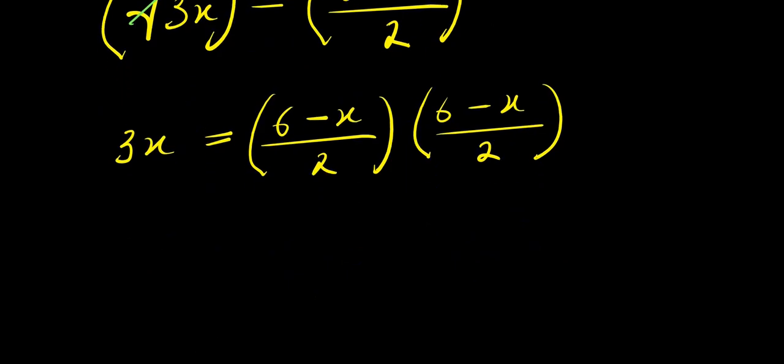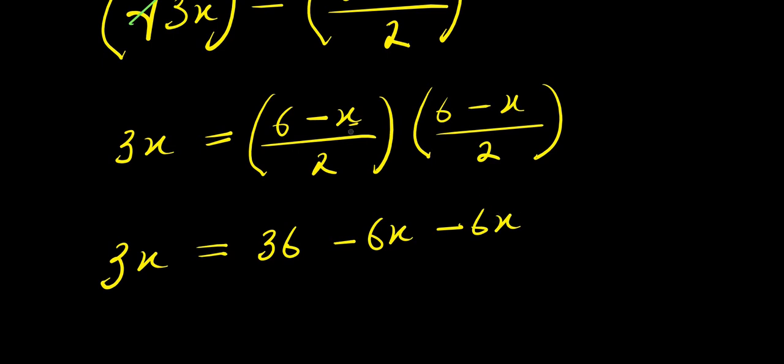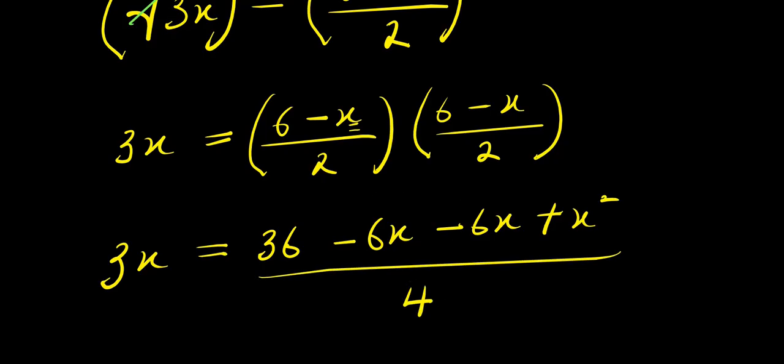So right now we have 3x equals 6 times 6, that is 36. 6 times minus x, minus 6x, minus x times 6, minus 6x, minus x times minus x, plus x squared, divided by 2 times 2. We have 4.